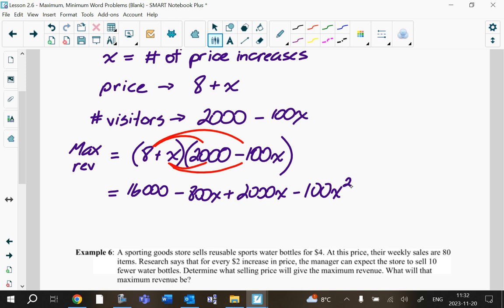I put the x squared term first, then the x term, then the number. So the negative 100x squared must go first. I can combine these to make what? Positive 1,200x. And then I've got the 16,000 on the end, which really doesn't factor into this question.